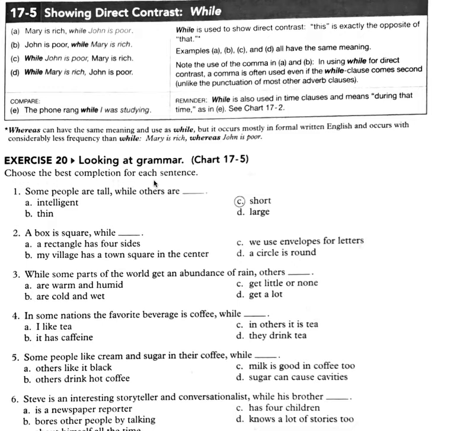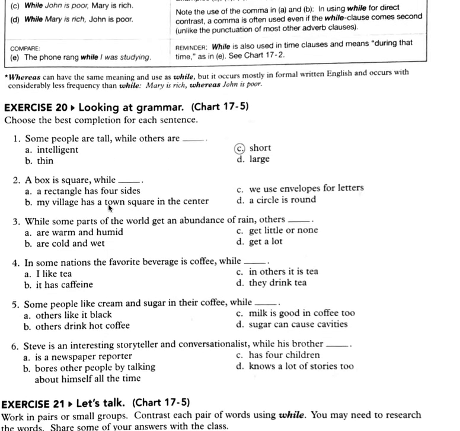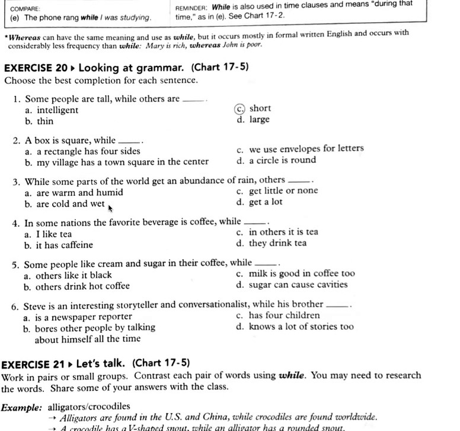Look at exercise 20, ladies and gentlemen. Choose the best completion for each sentence. Some people are tall, comma, while others are short. Tall, short, direct contrast. Look at number 2. A box is square, while, what do you think?